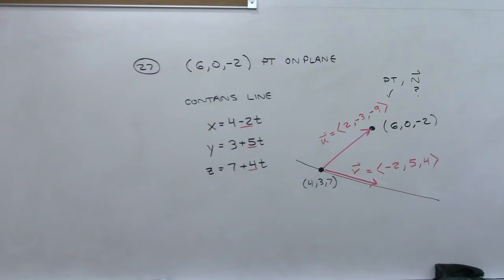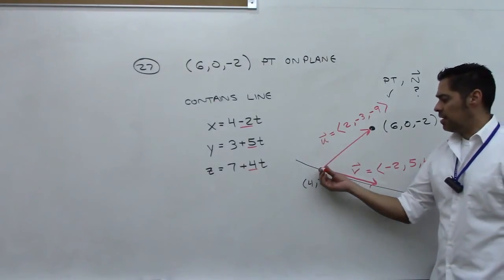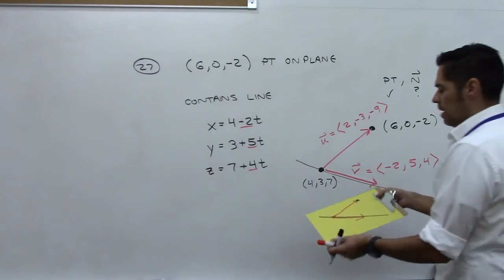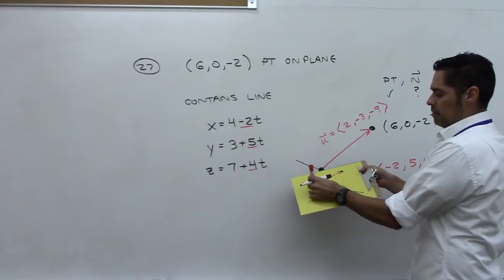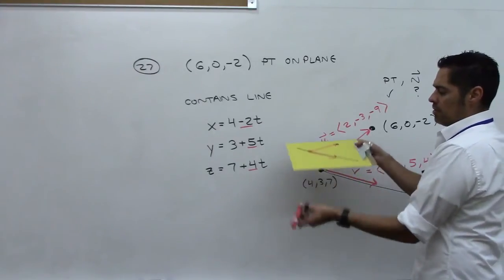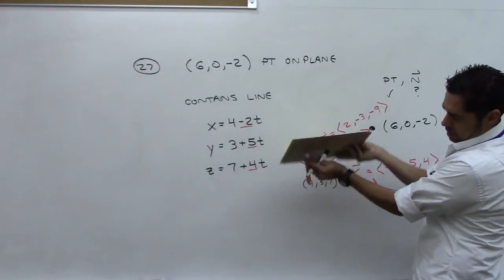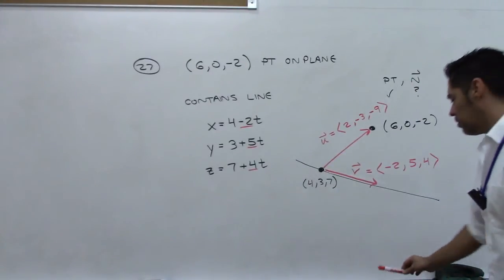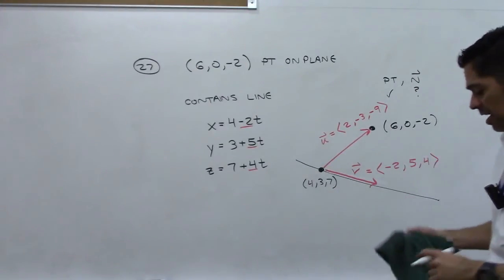So if I take u and I cross it with v, it's going to pop me out a perpendicular vector to both. That vector is either going to stick out like this or it's going to stick in. Depending on the order I do the cross product, it's either going to be sticking out of the plane or perpendicular but sticking out the bottom like this. Doesn't matter, they're parallel. And for normal vectors, it doesn't matter which side it's pointing out.